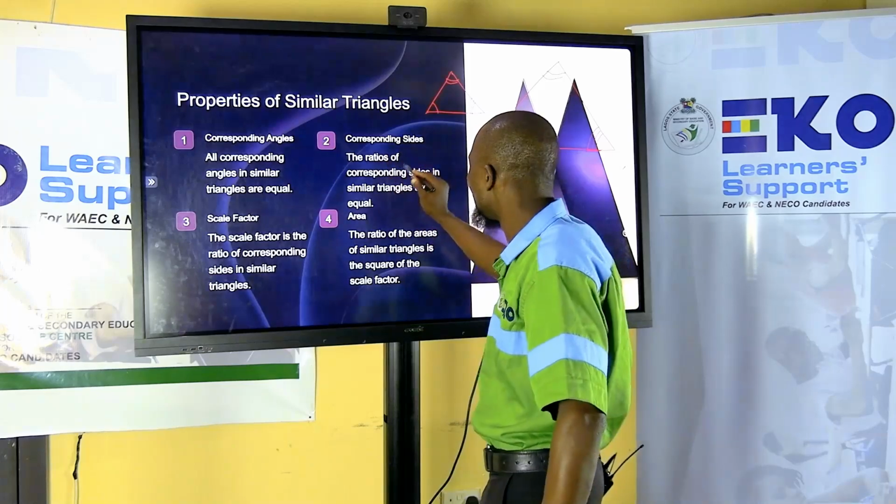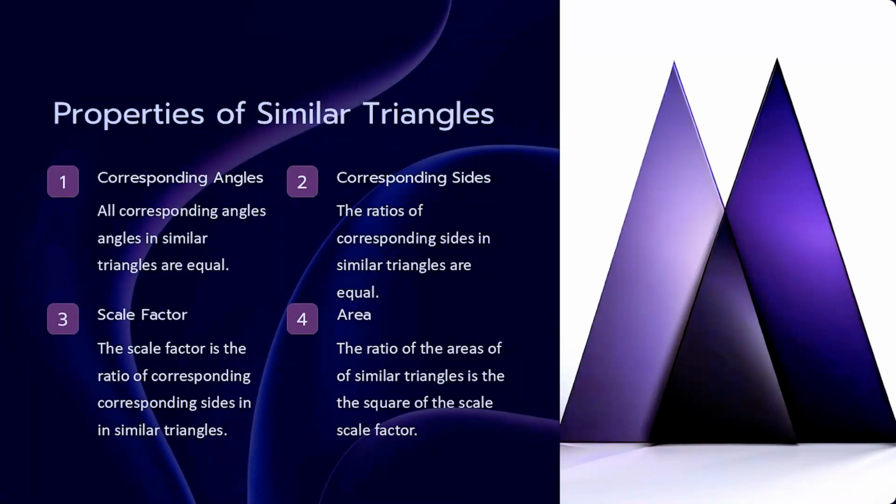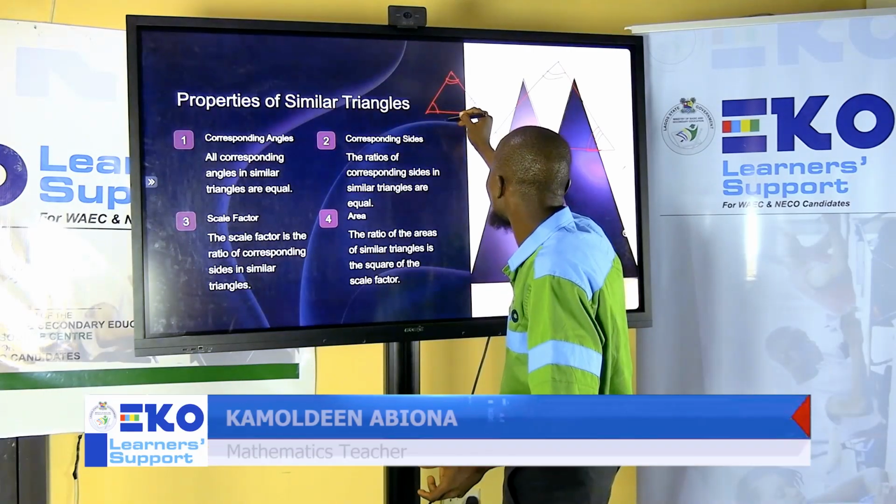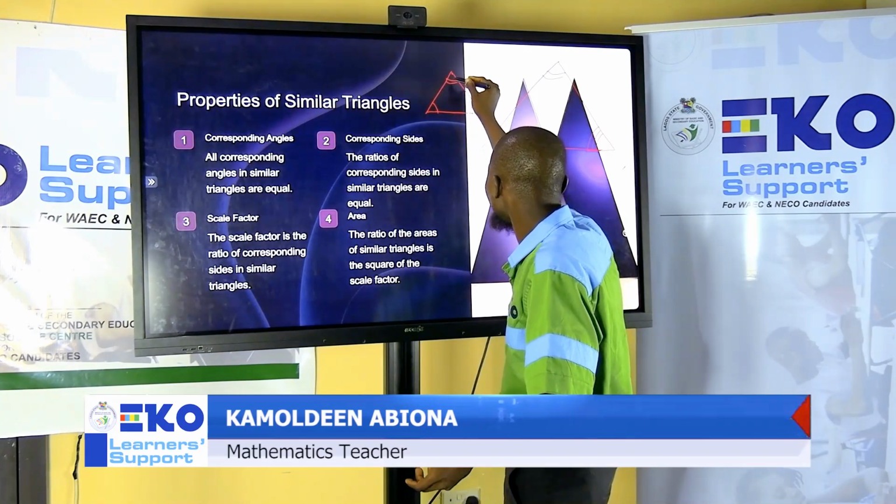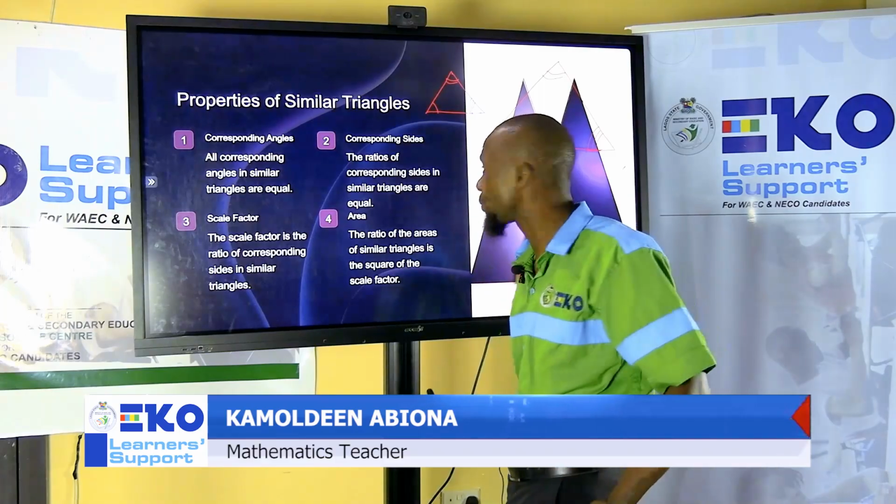Now, the second one: the ratio of the corresponding sides in similar triangles are equal. So what do we mean by the ratio? For example, this angle and this angle are corresponding, and this angle and this angle are corresponding.